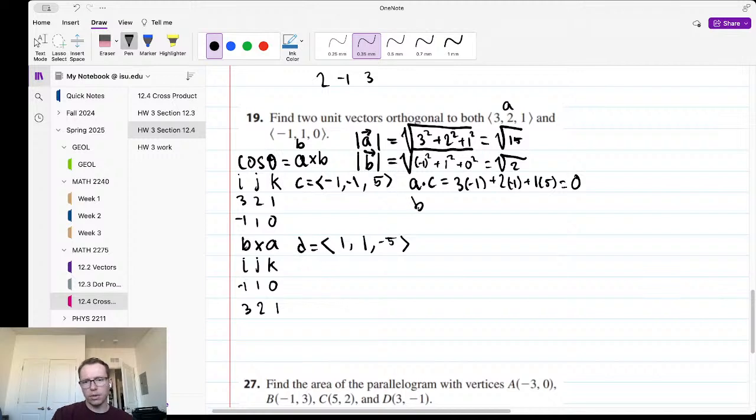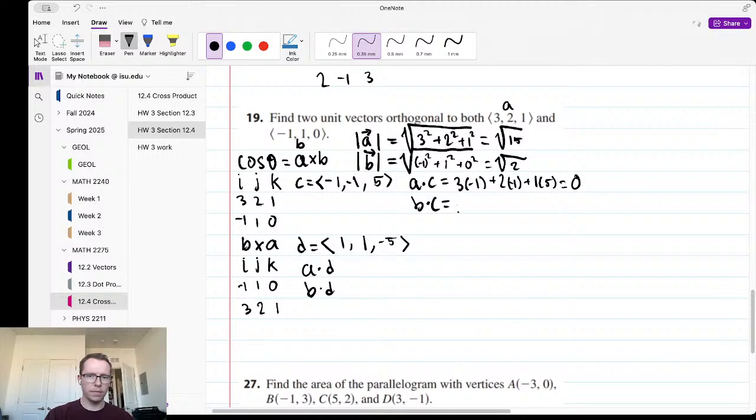Oh, actually, I need to make sure it's orthogonal with B as well. So I'll do that here in a second, but I'm going to do A dot D and then B dot D. So, okay, now I'll just work my way down.